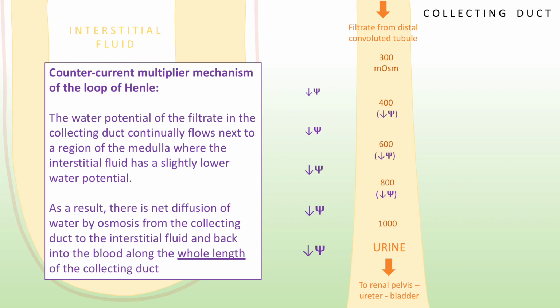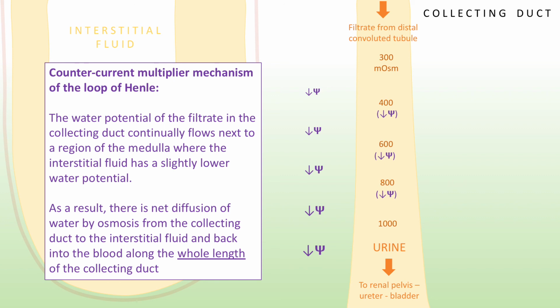There is not a large water potential gradient between the collecting duct and the interstitial fluid. It is always a small water potential gradient, but it is enough to ensure that there is a continual movement of water out of the collecting duct along the whole length. That's really important. That's what makes this process efficient.